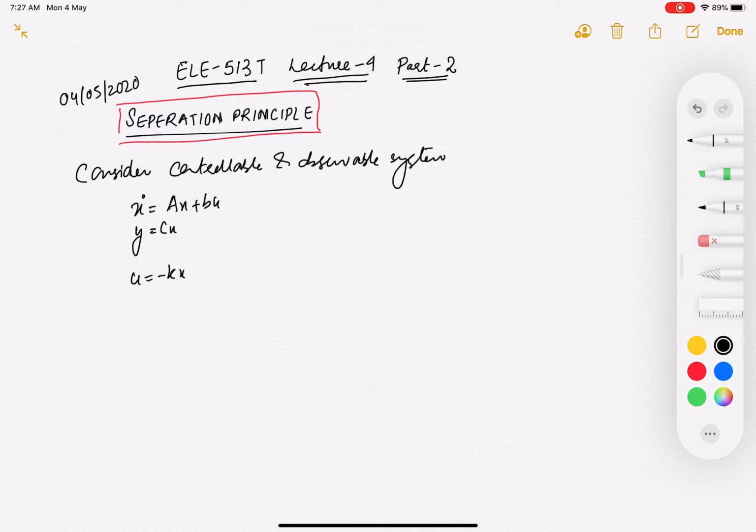In effect, you arbitrarily placed the poles of the system according to your choice, and you have also designed an observer which is given by x hat dot is equal to A x hat plus Bu plus M (y minus y hat).